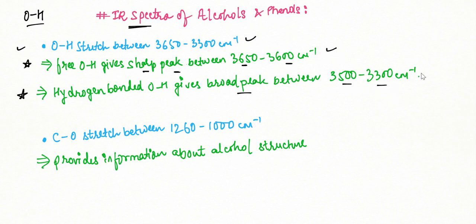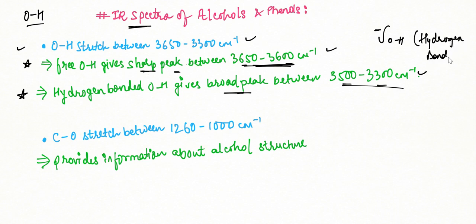What did you just notice? First of all, we are changing from a sharp peak to a broad peak. Secondly, the frequency has also decreased, so the frequency of the OH bond decreases on hydrogen bonding.